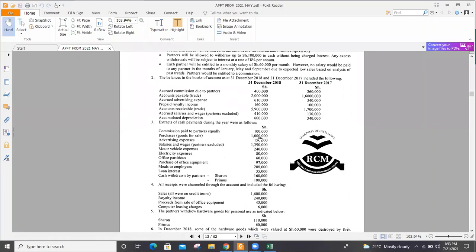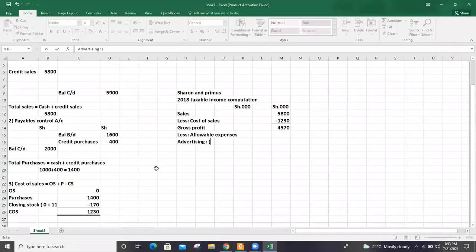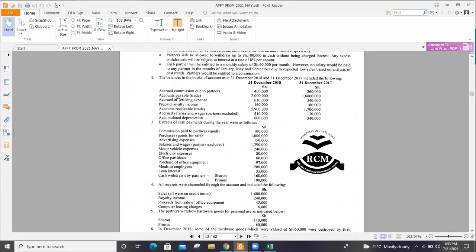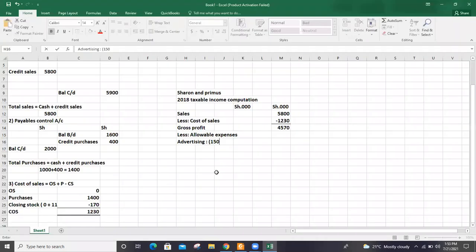150 advertising expenses. Yes. So during the year we paid 150. As we are starting there, do you have a prepayment or an accrual? An accrual of 340. In the accrual at the beginning, we add or we less? Less. So we less 340.